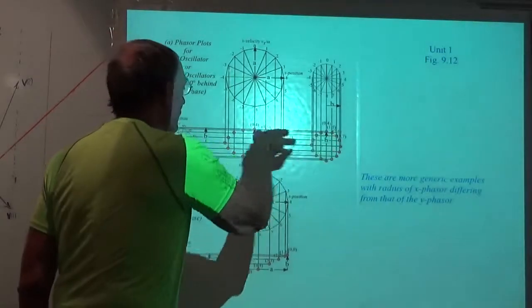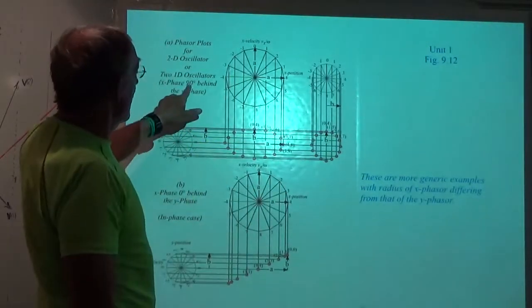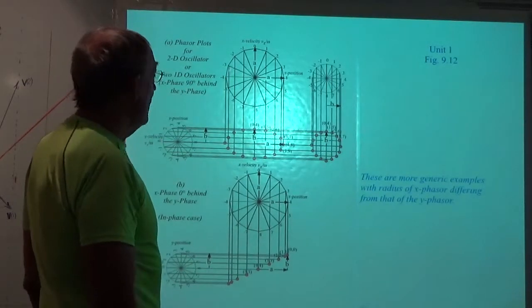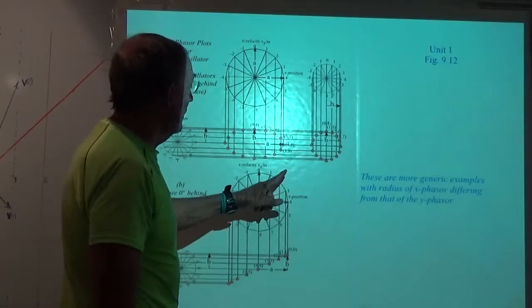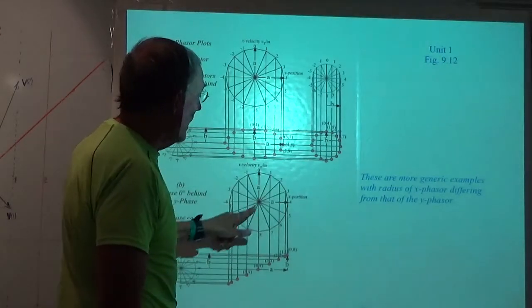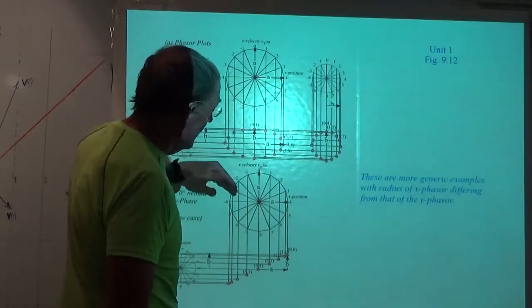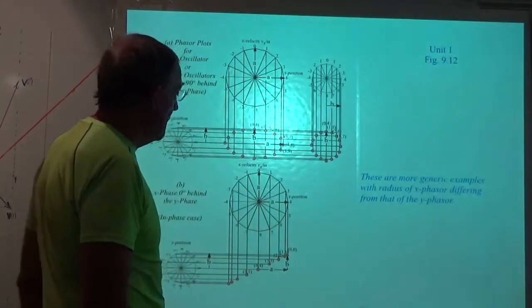There are two very simple examples of a phase of 90 degrees. If the phase is 0 degrees, then you just get a straight line, y equals x. Or if it's 180 degrees, you get a straight line going the other way.